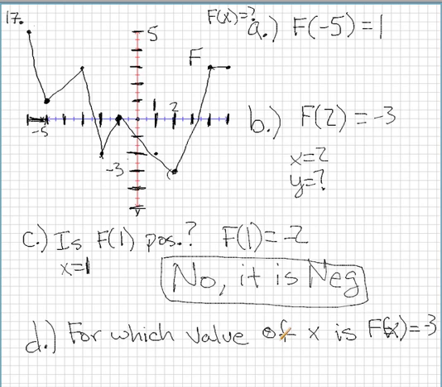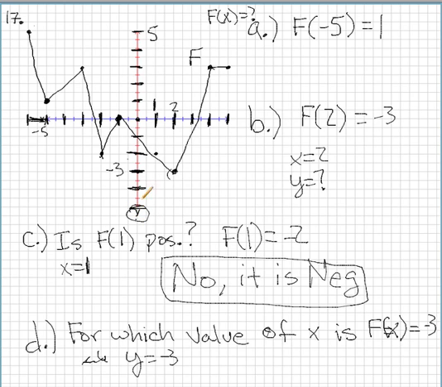Now, for which value of x, so where x is, what is x when the y value is -3? So we're going to say y equals -3. So on here, let's go down to y equals -3. We go all the way down from the origin down to -3 on the y-axis.